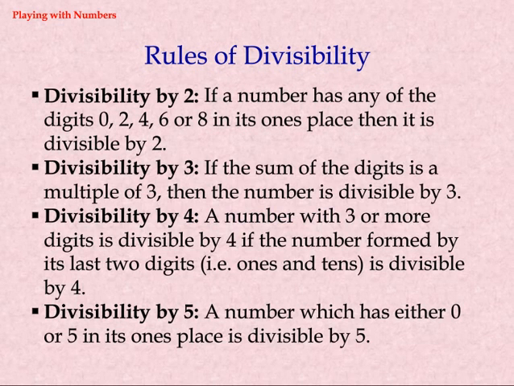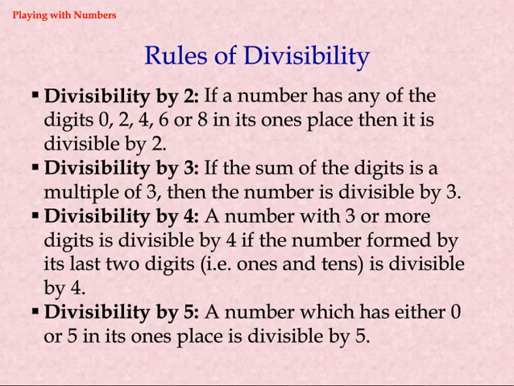Rules of divisibility. Divisibility by 2, if a number has any of the digits 0, 2, 4, 6 or 8 in its ones place, then it is divisible by 2. Divisibility by 3, if the sum of the digits is a multiple of 3, then the number is divisible by 3.